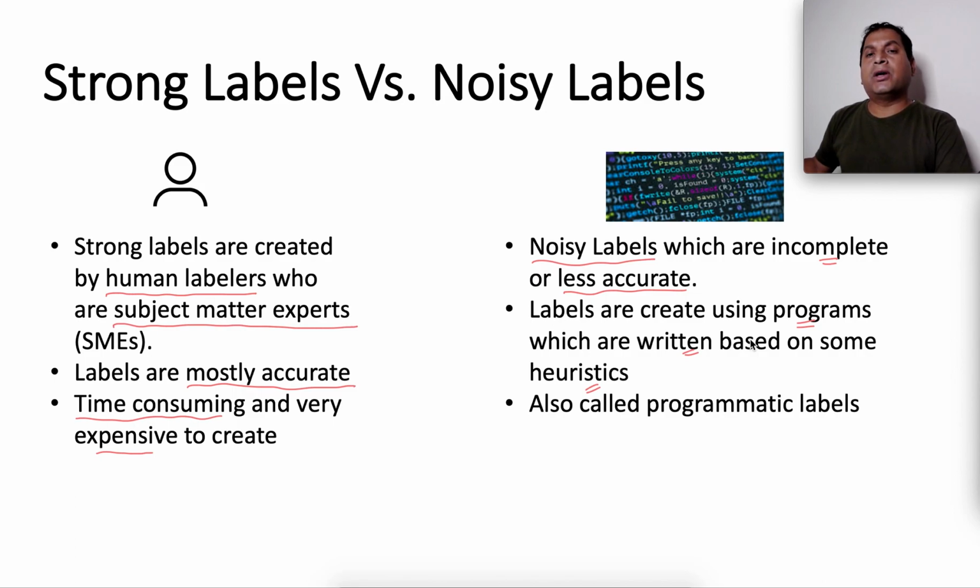The accuracy of those labels may not be as good as what a human labeler would have created. These are also called programmatic labels. So let's look at an example to understand a little better.